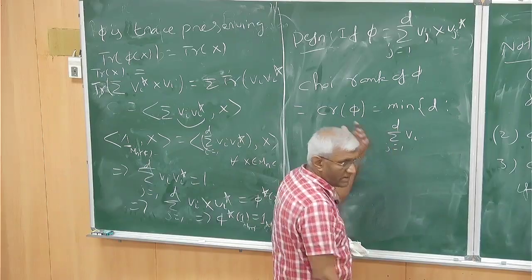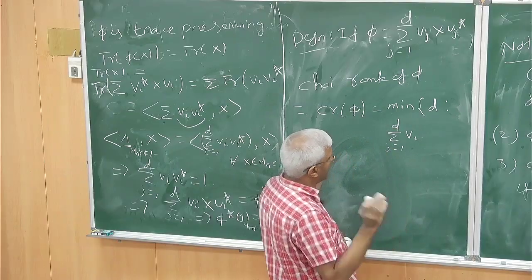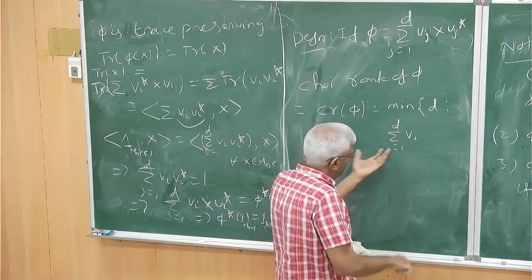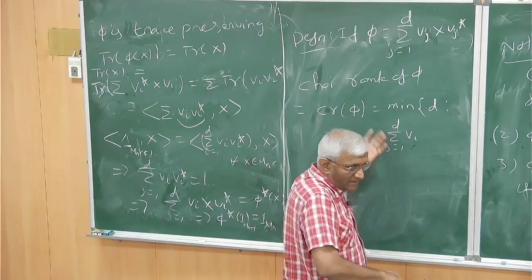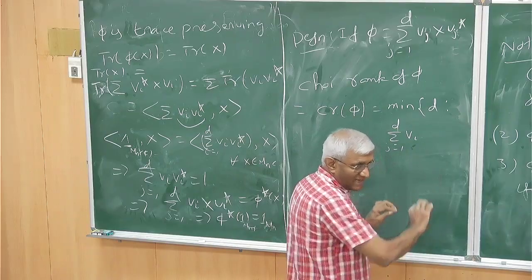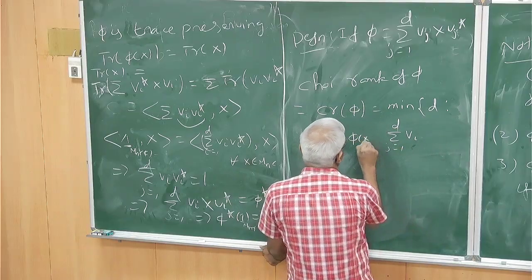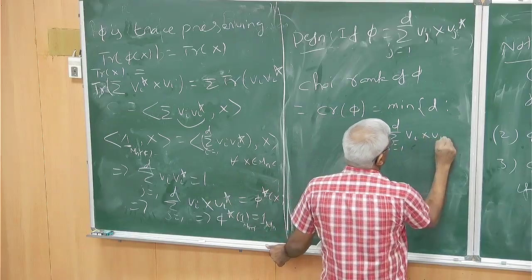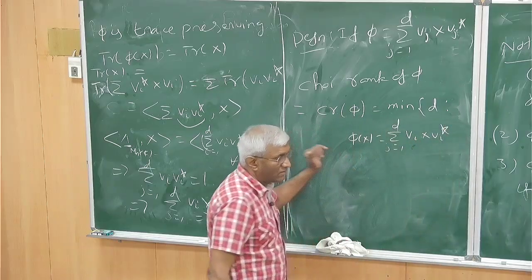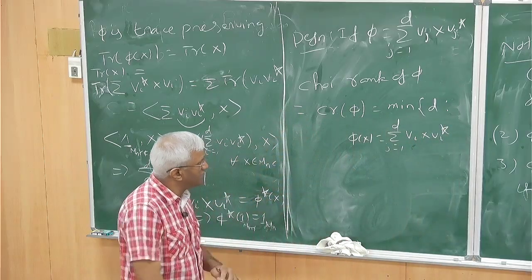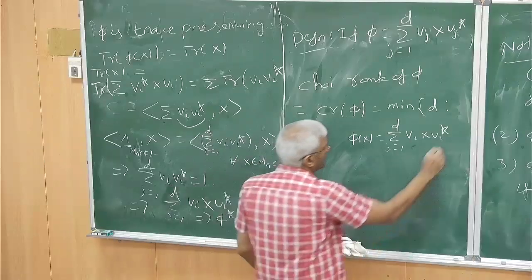I mean, the Vj's may be different or whatever. We get a collection of Vj's. For example, if they are linearly independent, then that will be the minimum, right? We can see that. That is what is called the Choi rank of this map phi.